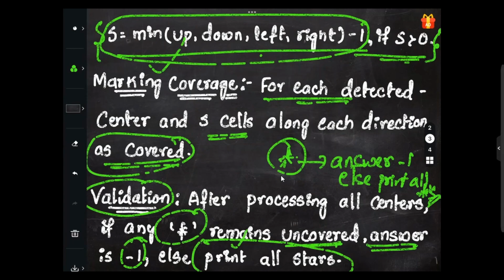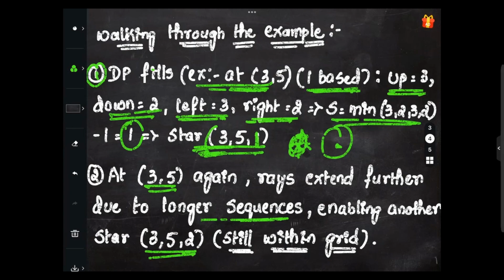So another star we can consider up, here in this case it will be 2, so now we can consider 3 5 2. Left we have already considered: in the first step, when we considered the center along with the dot, the star was present at the left, 1. Now it will be 2 along with this left. We have found another one, nothing but 2, so we will go with 3 5 2, simple.